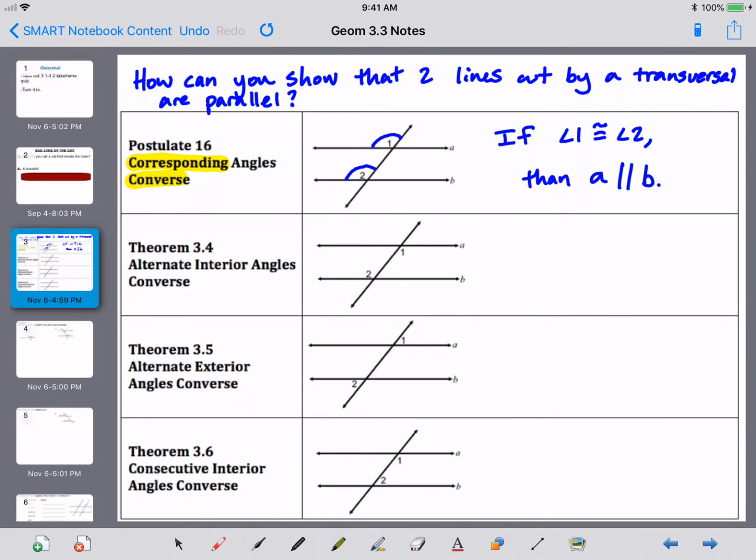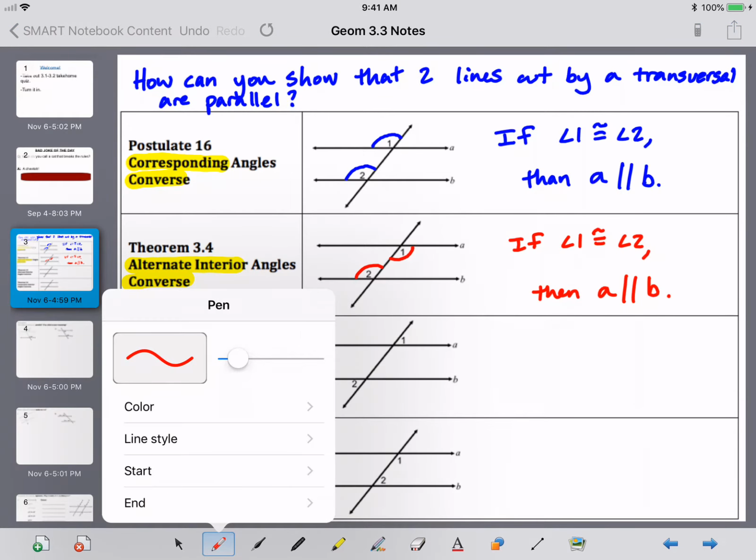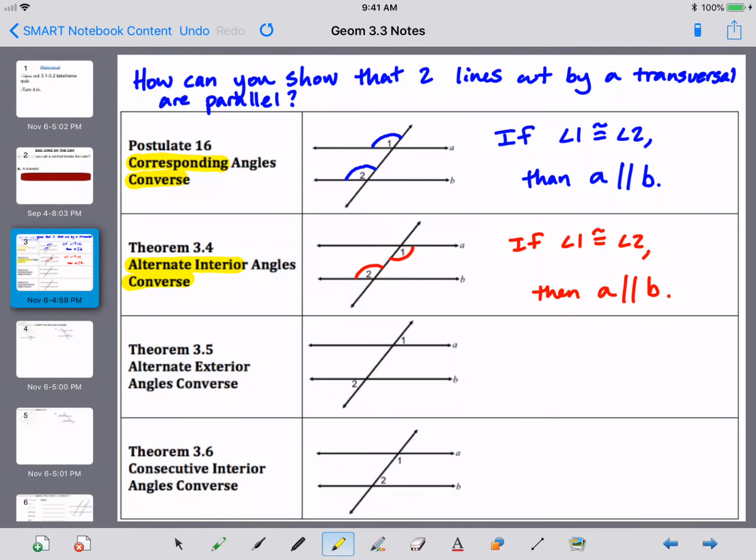So the alternate interior angles converse is the opposite to theorem 3.1 back in lesson 3.2. So this says if we know angle 1 and angle 2 are congruent, so if angle 1 is congruent to angle 2, then once again, we can say that A is parallel to B. Okay, same thing also holds true for alternate exterior angles converse.